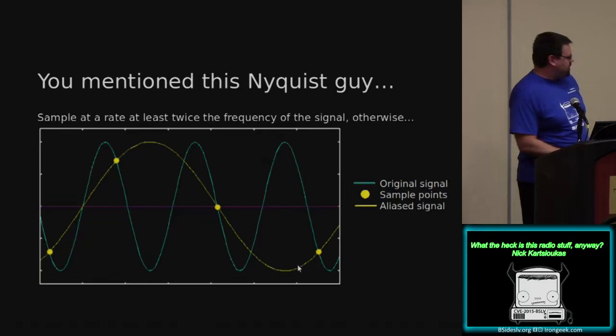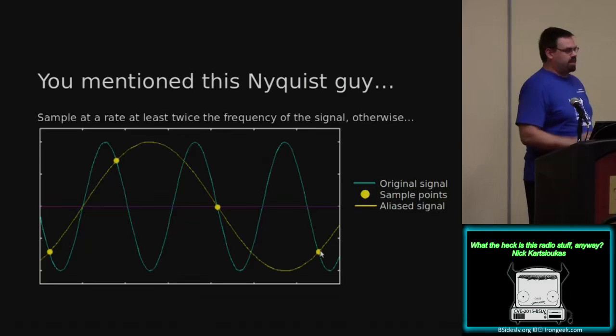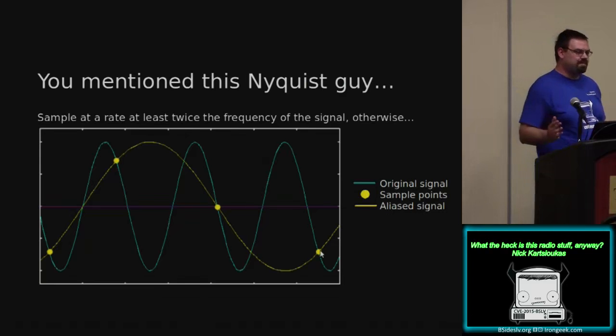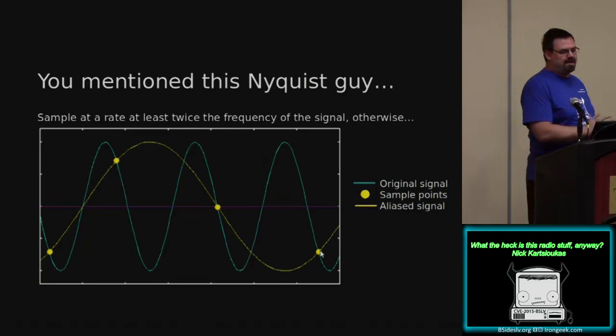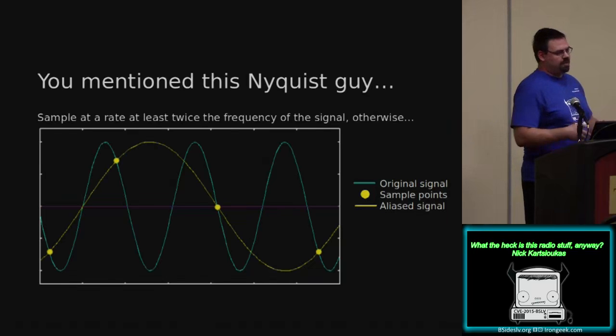Then, when you go to put all of these sample points together, you end up with this yellow wave, which looks nothing like the original wave. Well, it's a sine wave, obviously, but it is a completely different frequency. It's something that's not actually there. That is called aliasing. And that is why we need to sample at least twice the rate of what we want to get.